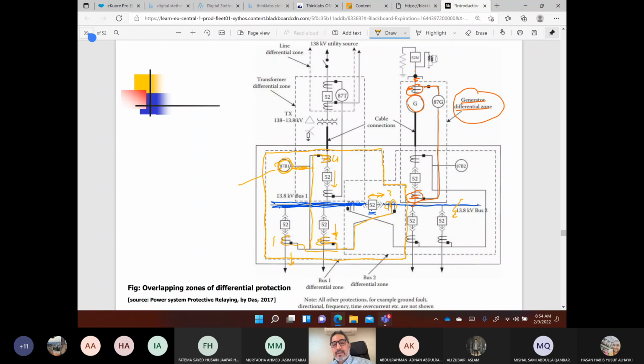Okay, so when there is any fault here, it will be detected by this bus bar protection, and this bus bar protection relay will give a command to trip all these breakers, including this, so that this section, this fault, is isolated and the remaining system will continue.